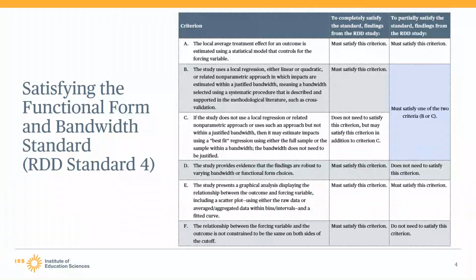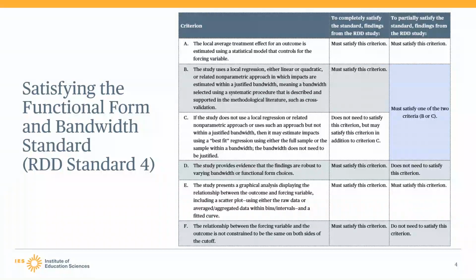The study finding must estimate a local average treatment effect using a model that controls for the forcing variable, use a local regression within a justified bandwidth, provide evidence that the findings are robust to varying bandwidth choices, include graphical analysis displaying the relationship between the outcome and forcing variable and an appropriately fitted curve, and not constrain the relationship between the forcing variable and the outcome to be the same on both sides of the cutoff.